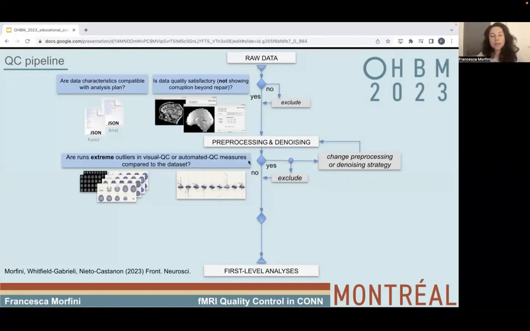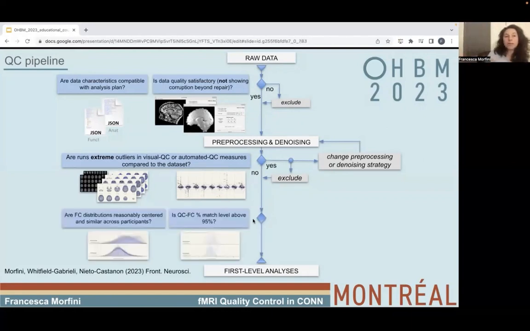In our case, the two subjects we looked at, 88 and 90, together with some others, were excluded, and we moved on to evaluating the effect of denoising specifically on the data sets.